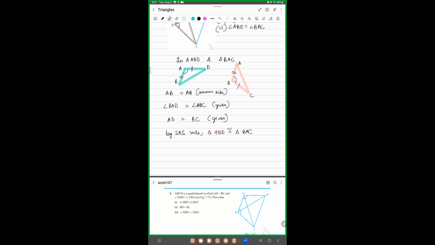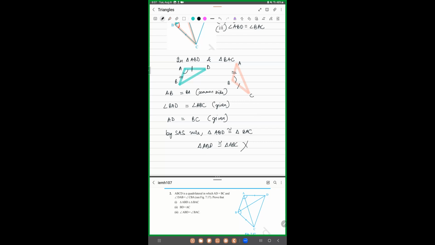We should write over here BA. Then it also means angle BAD. You cannot say that triangle ABD is congruent to triangle ABC. This is wrong.